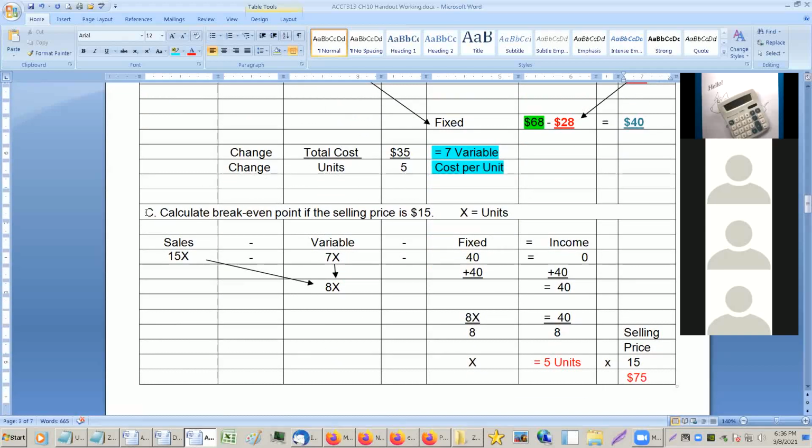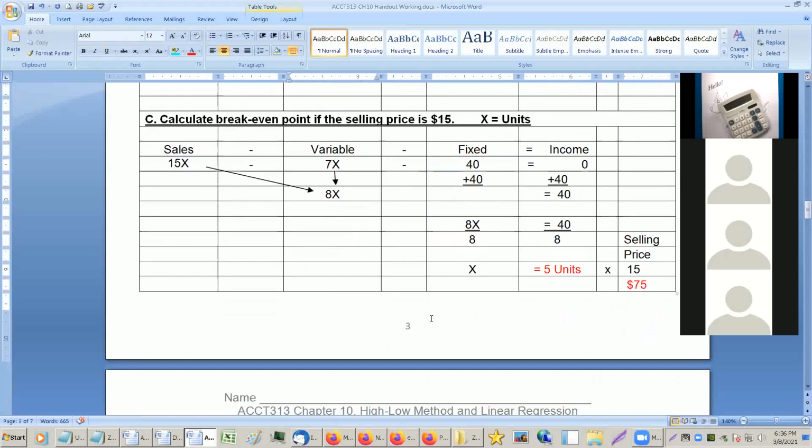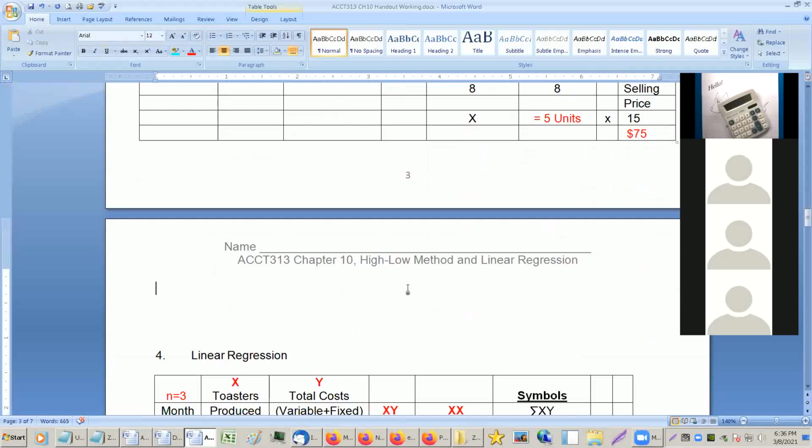And then down here, we're actually using it. So this would be extra credit on the exam. Any question on that?